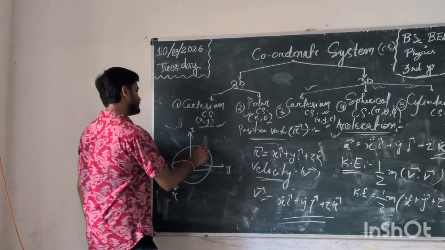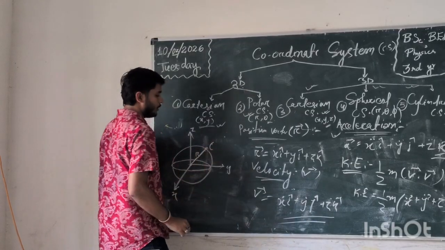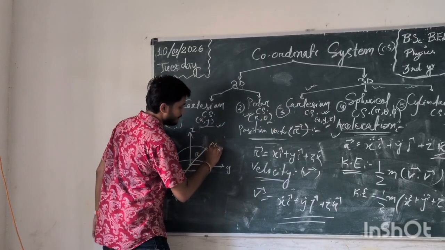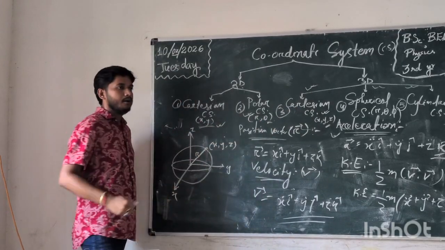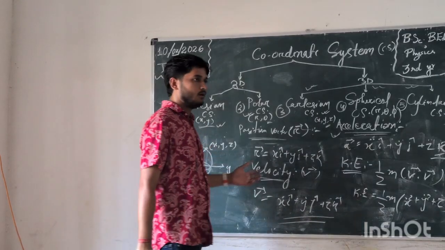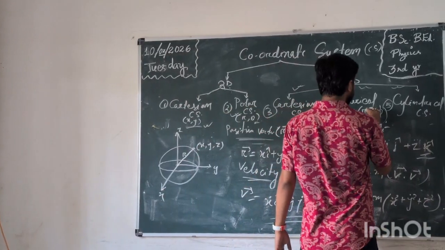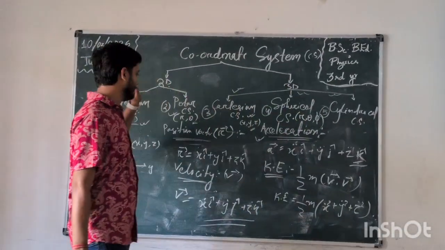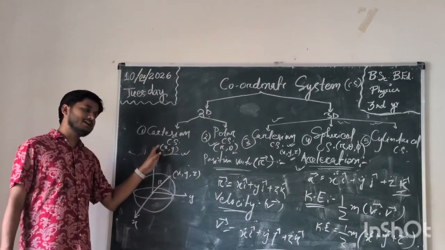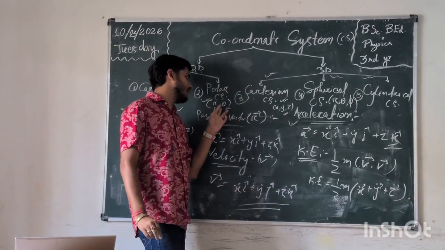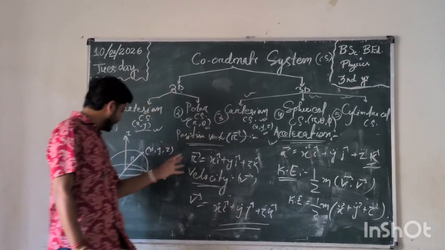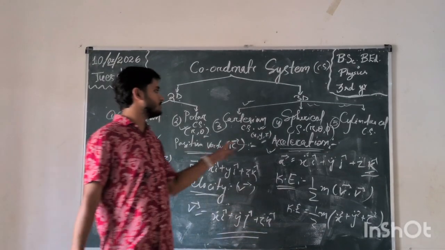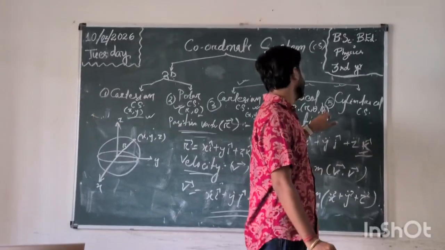The coordinates of this, as we already know in the Cartesian system, are x, y, z. But we don't need these coordinates; we have to write in terms of r, theta, and phi. Like with x and y in polar coordinates we write in terms of r and theta, here we have the same Cartesian expression, but we have to write it in terms of r, theta, and phi.